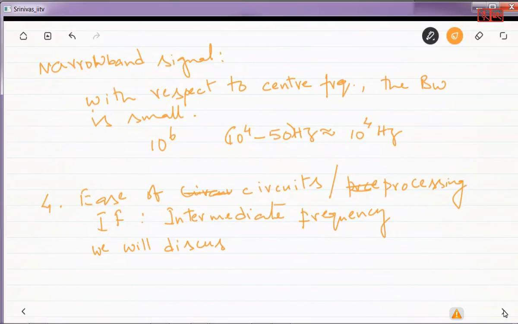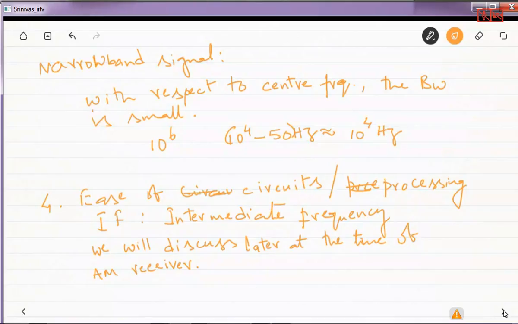For the time being, just take it for granted. I know that I'm not explaining this in detail, but we'll discuss it more when we discuss the AM receiver, right?